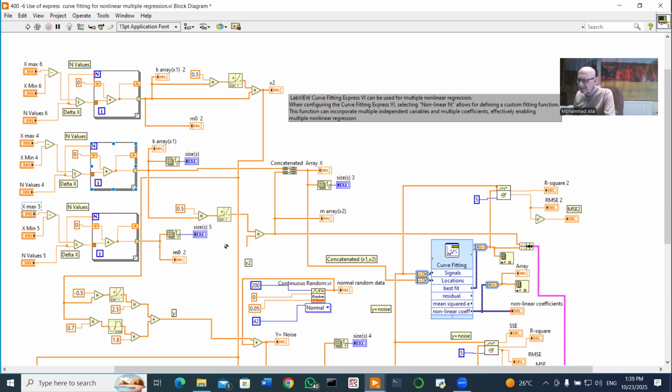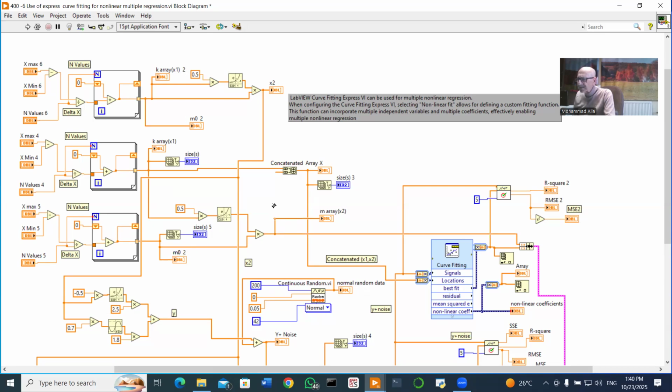This is multiplied by the output here, which is the linear space between 0 and 10 array. As you see, it is multiplied by the X1 multiplied by the exponent value here. This gives you the value of X2.